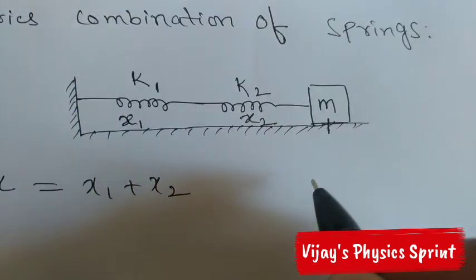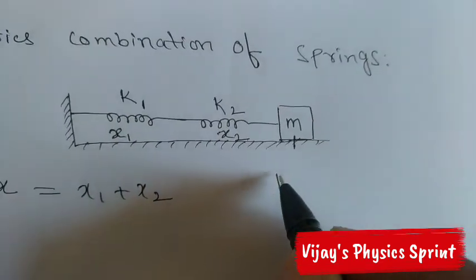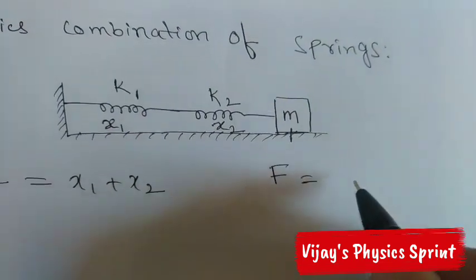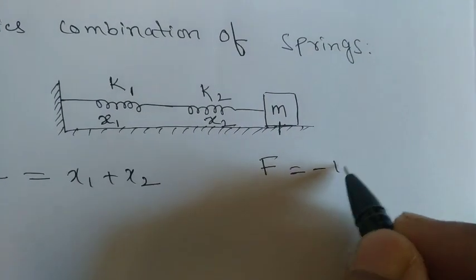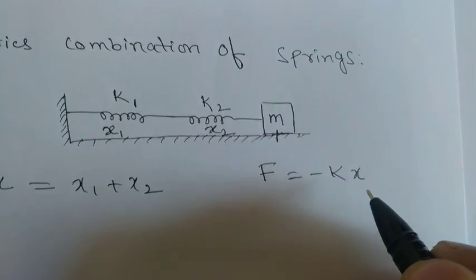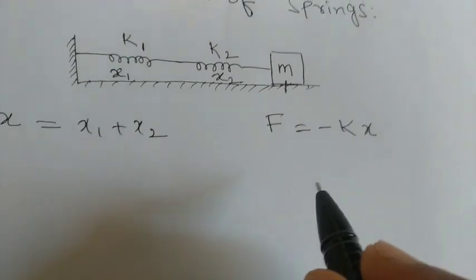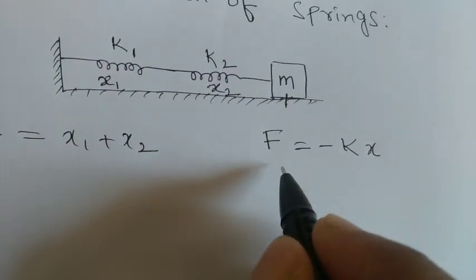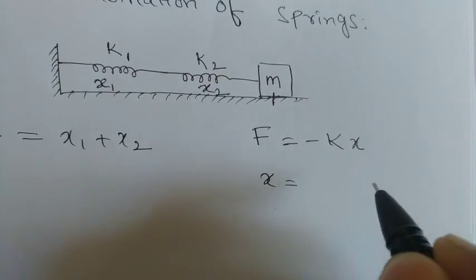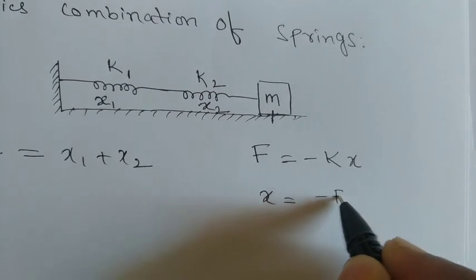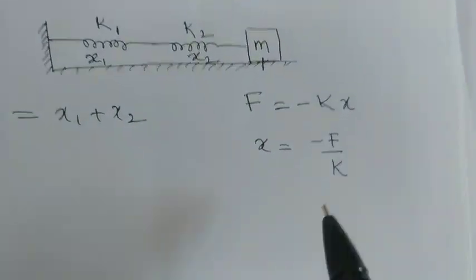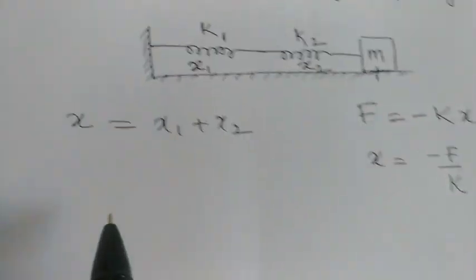But we already know the restoring force concept: restoring force F = -kx. From this the extension can be written as x = -F/k. I am using this equation.